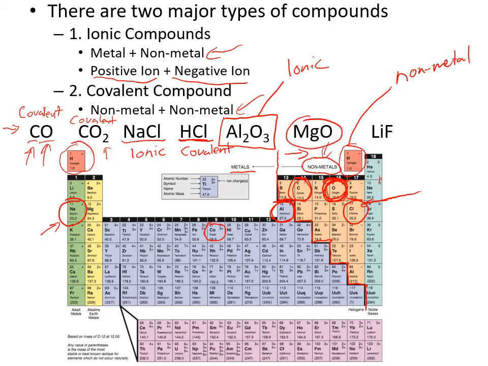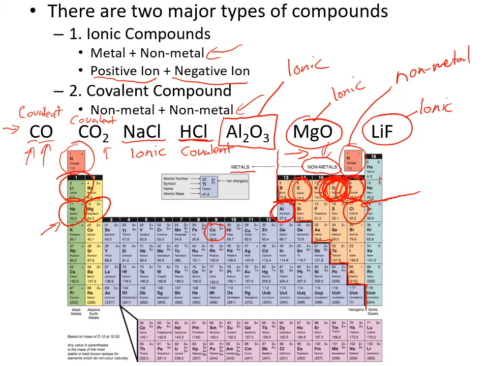MgO: magnesium is a metal, oxygen still that non-metal, so metal and non-metal is ionic. LiF: Li is way over here, F is right there, and so this is metal and non-metal, so this one is ionic.